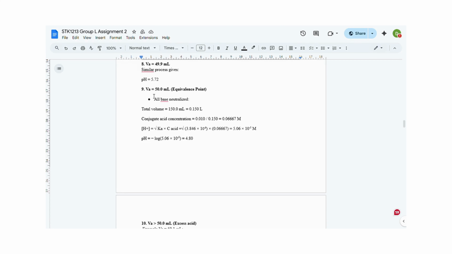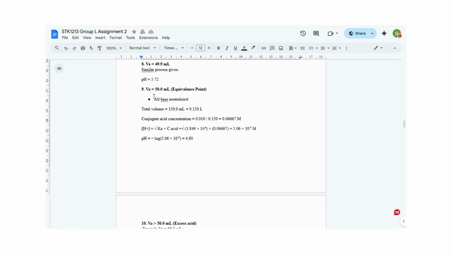Here, all base is already neutralized, and the total volume is 150, which is 100 plus 50. Then we can just calculate the conjugate acid concentration, which is 0.01 divided by 0.15, and we get 0.0667 mole.